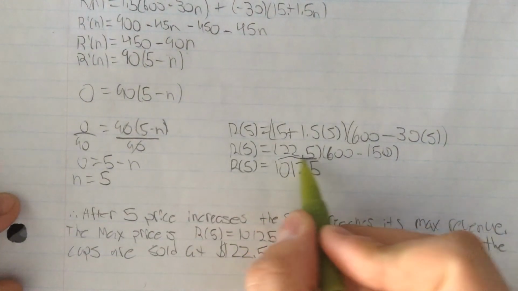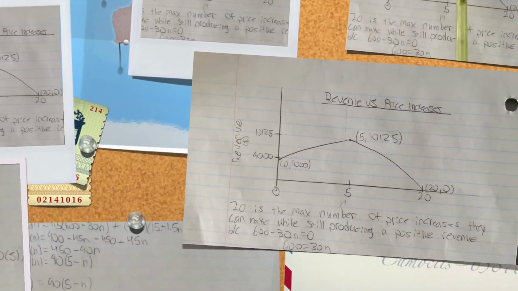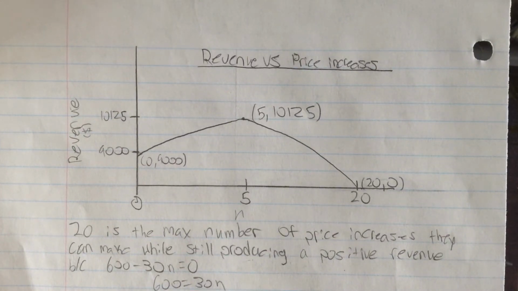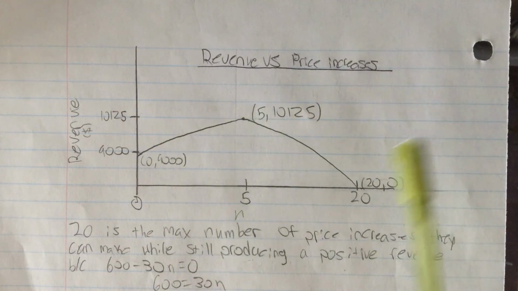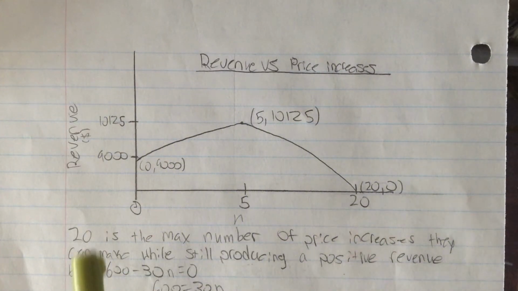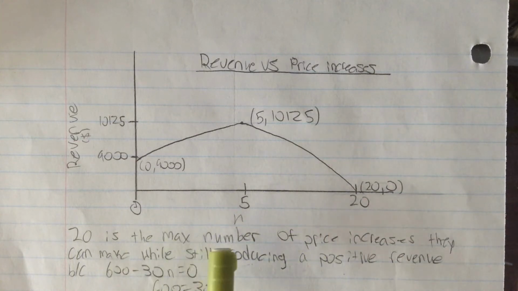This number right here. Here is the graph of the function R of n. So this is the revenue function versus price increase. On the y-axis we have the revenue, and on the x-axis we have n, which is our number of price increases.